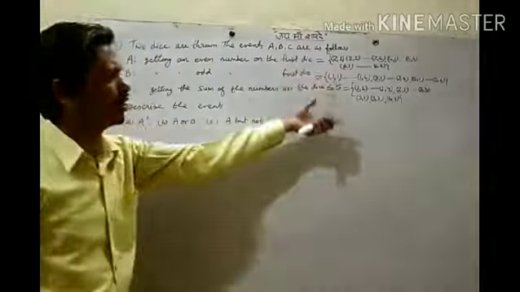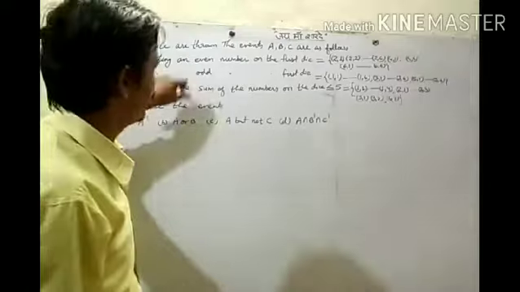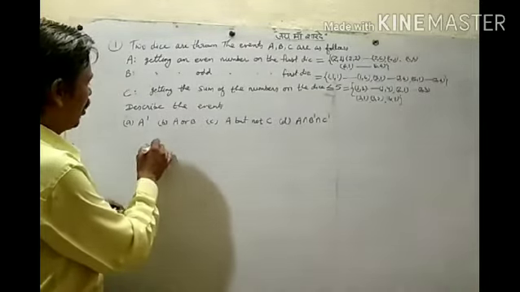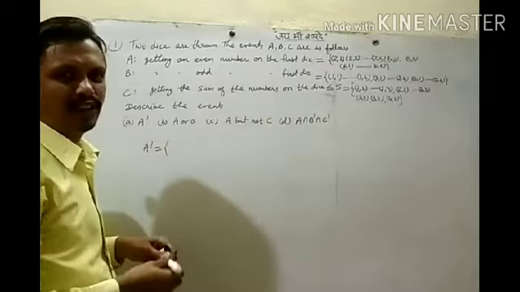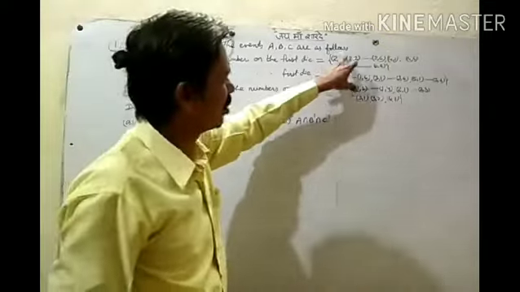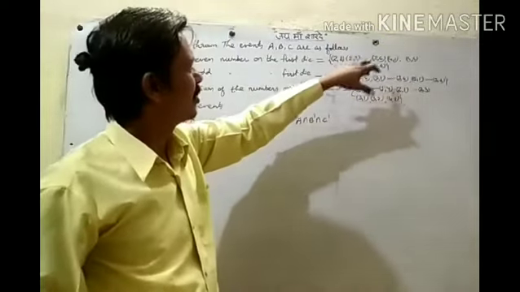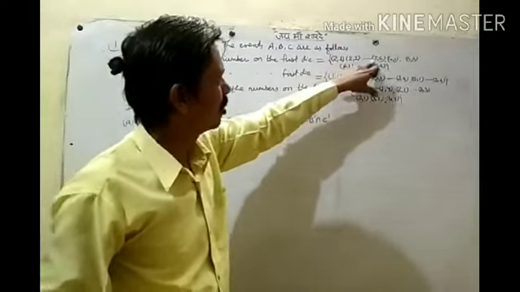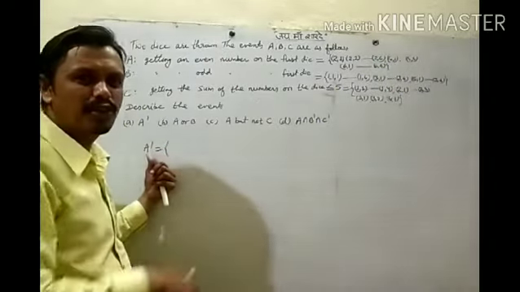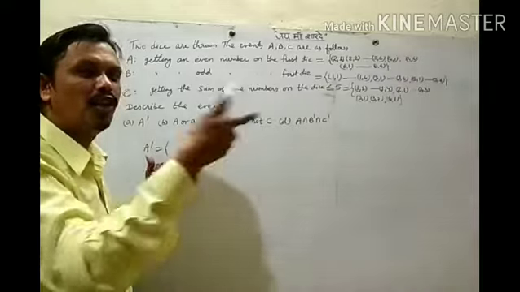Okay, so these are our events A, B, C. Now we need A dash. A dash will be all the elements of the sample space which are not in A. Here the first die is showing an even number. So in A dash, the first die will not show an even number, meaning the first die will show an odd number.